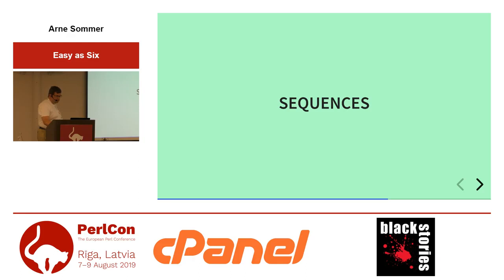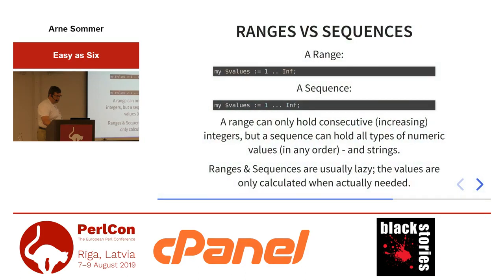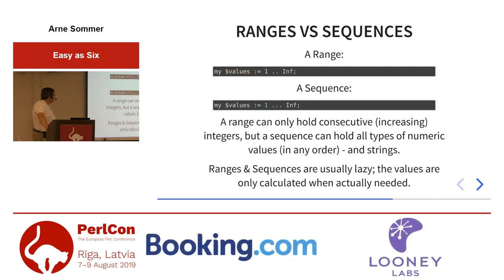Sequences. A range, the first one with 2 dots in between, can only hold consecutive increasing integers, but the sequence can hold all types of numeric values in any order, and strings.